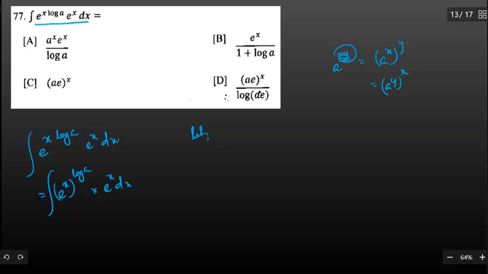us take e raised to the power x is equal to v. So e raised to the power x dx is equal to dv. We can put it in this equation. So we have v raised to the power log a into dv.